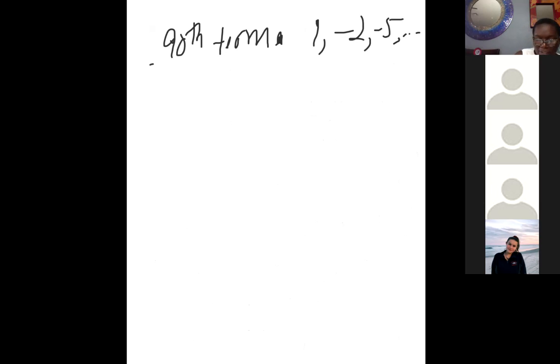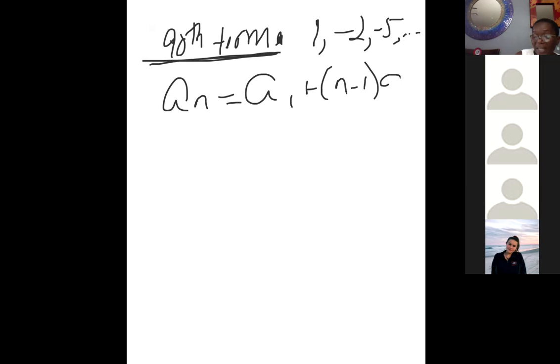So guys, they're only telling you to find the 90th term. So if you go into the formula, wherever you find an n, you're going to substitute 90 in for it. So we're going to do a sub 90, this is a subscript right here, equals the first term. What's the first term in this sequence, guys? This is the first term. So that's 1. That's right.